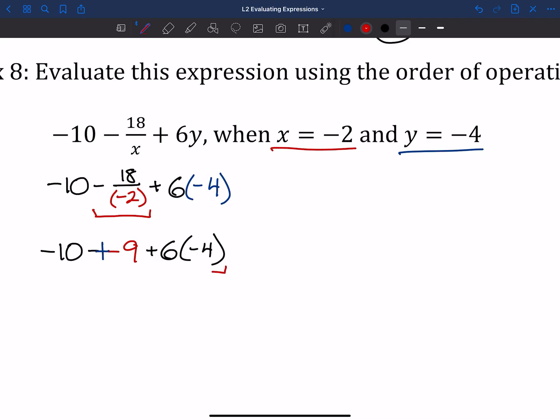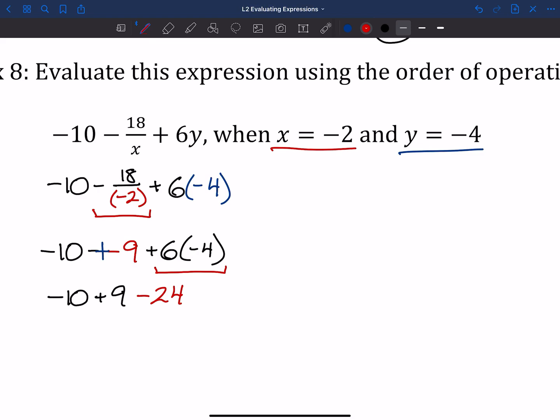Now we're going to go ahead and take care of this multiplication that's hanging on to that side. So you've got negative 10, now that's plus 9, and then 6 times negative 4 is going to give me negative 24. Again, sort of similar to the division we just did. There's a positive times a negative, 6 times negative 4, so we end up with a negative answer, negative 24.